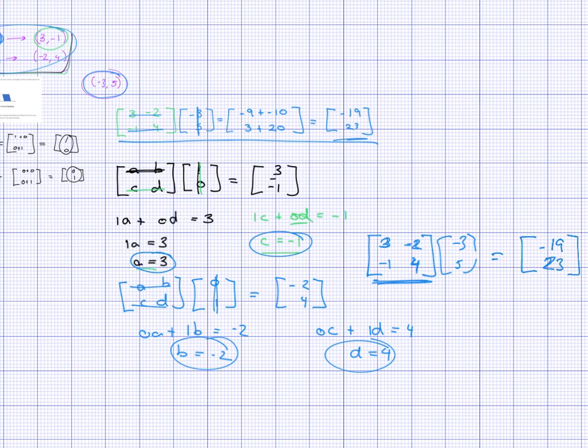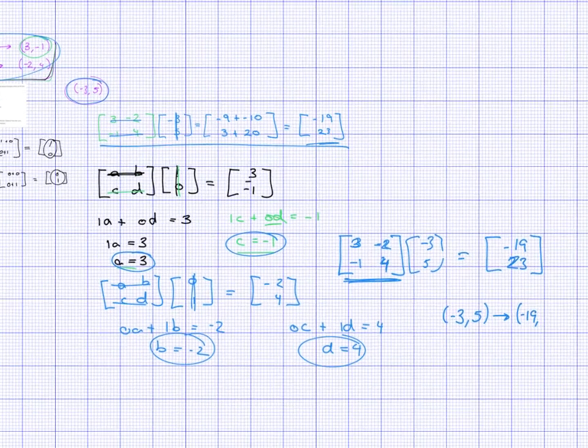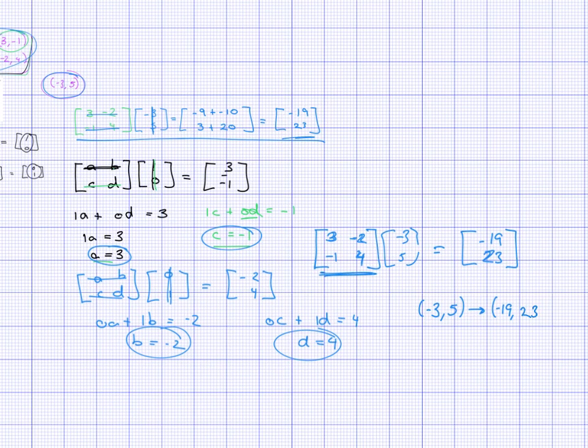The final step would then be to write something like this, where you show that the point they gave you mapped to the new location, or in their wording, the image of this is that, but that's what this little arrow means. Remember, in our earlier work we learned that the arrow means maps to. So get into the habit of using your notation, because it saves you a lot of time in the long run.